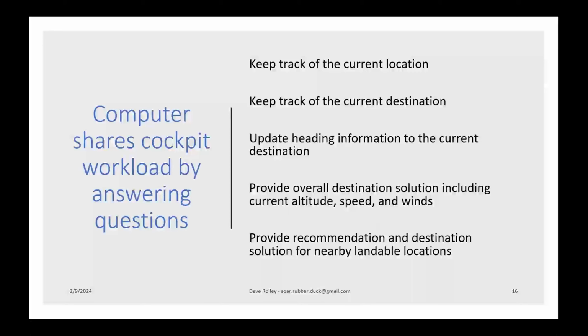It updates the heading information to the current destination. It provides overall destination and solution, including our current altitude, speed, and winds. It provides recommendations and destination solution for nearby landable locations. Okay, so it's unloading the pilot from a lot of the detail work and presenting recommendations to the pilot.